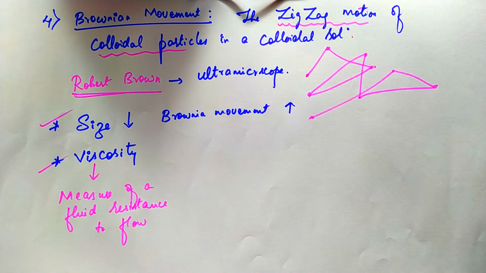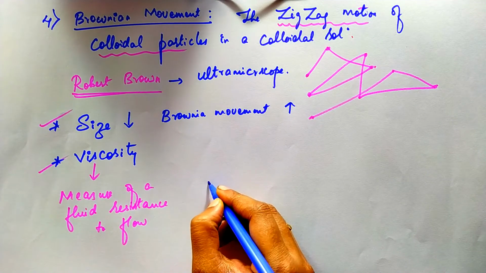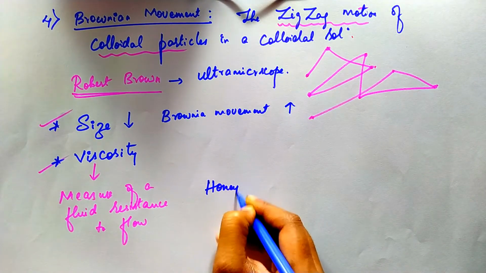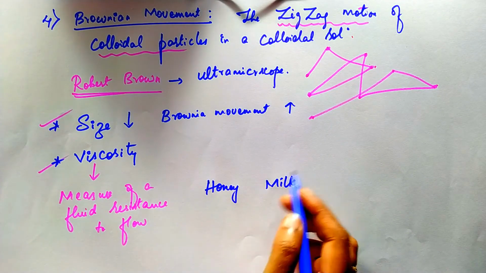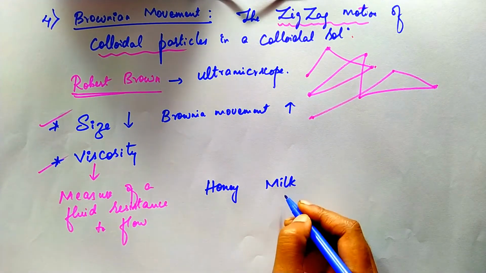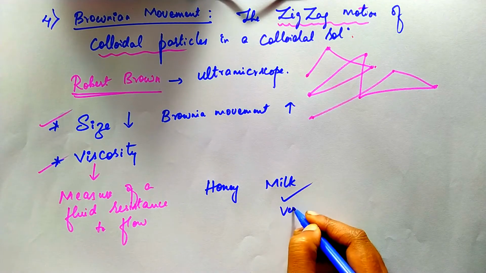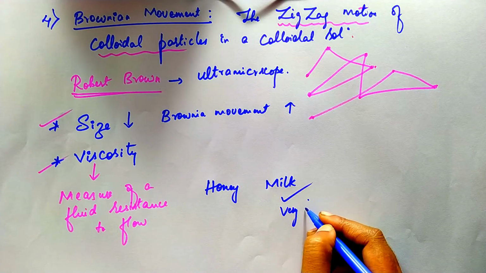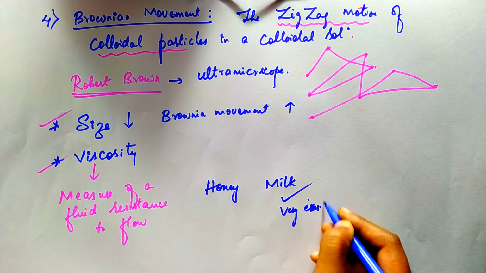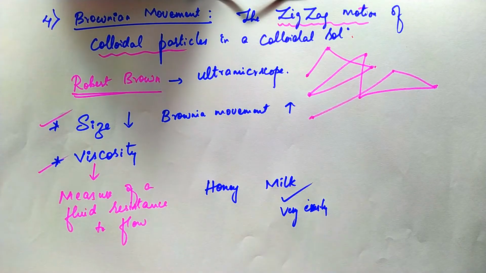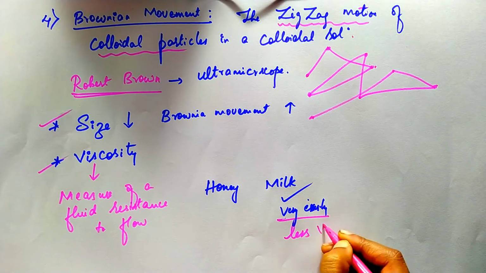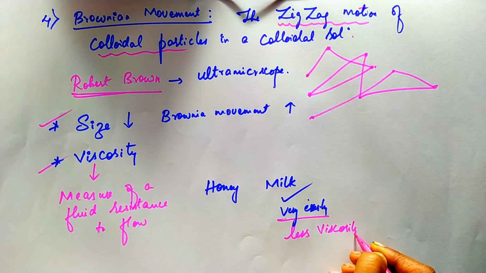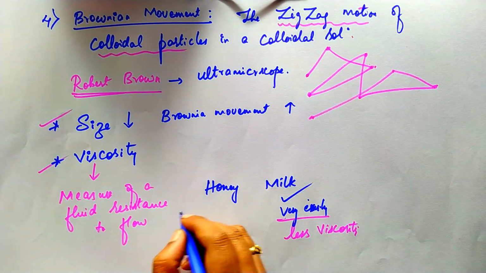For example, if I take honey and milk, milk can flow very easily, right? So it has less viscosity. But honey cannot flow very easily.